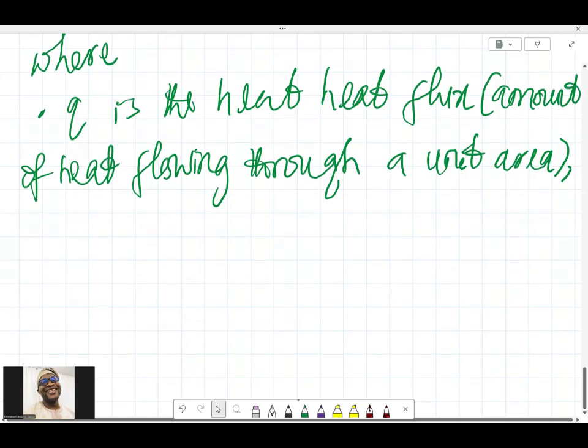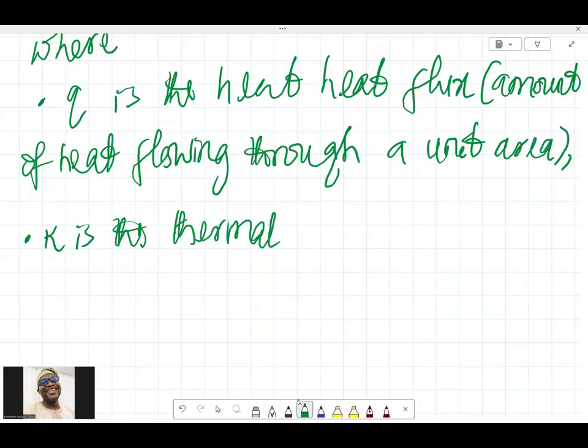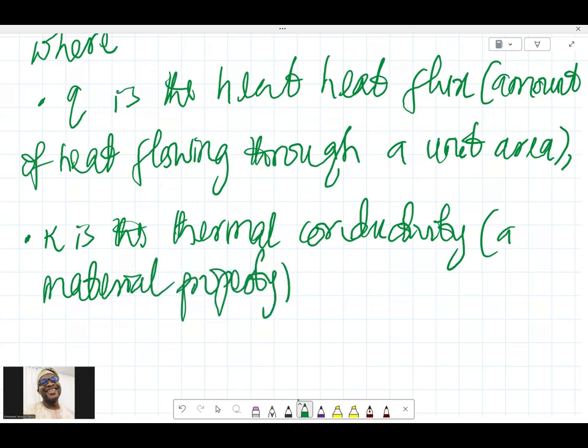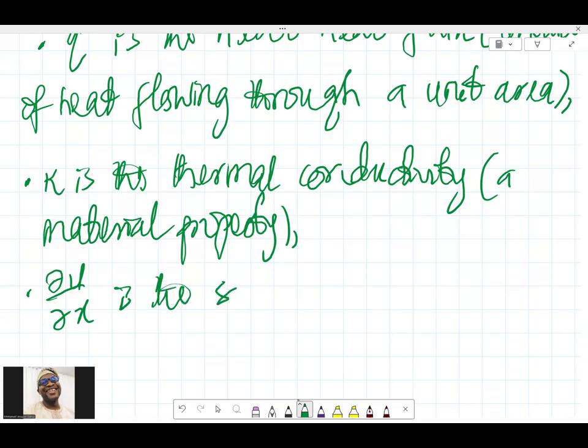Next, K is the thermal conductivity, which is a material property that depends on the material. And partial U partial X is the spatial temperature gradient.